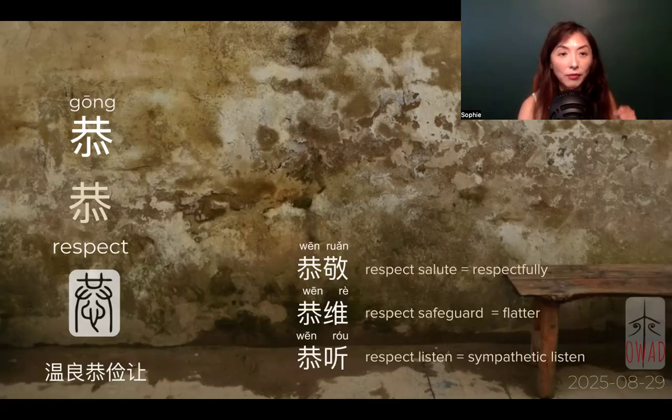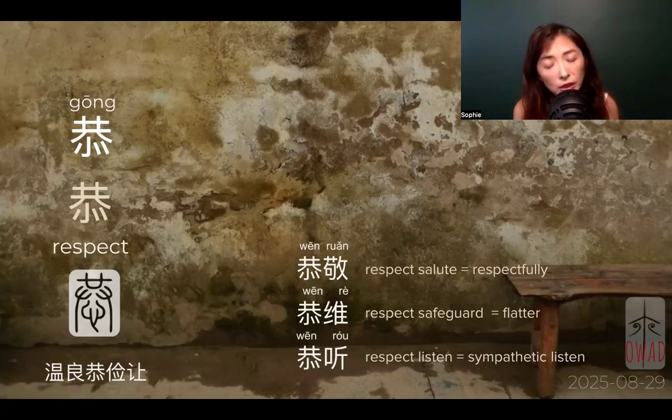That mechanism, how we operate, is the same. Therefore, we can reasonably deduce that we can respect each other simply because we understand each other's user manual, so to speak. Therefore, we can respect where you come from. All right. 恭敬, respect and salute.